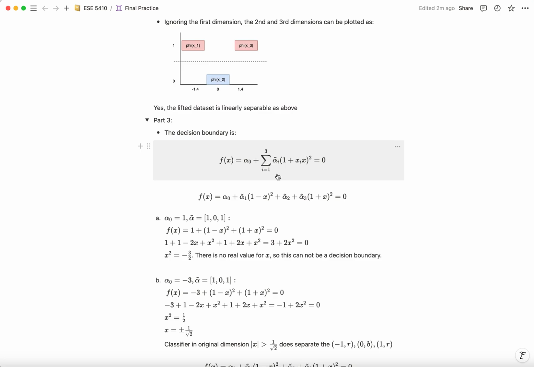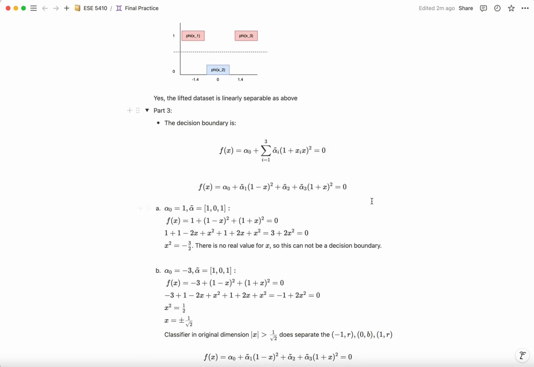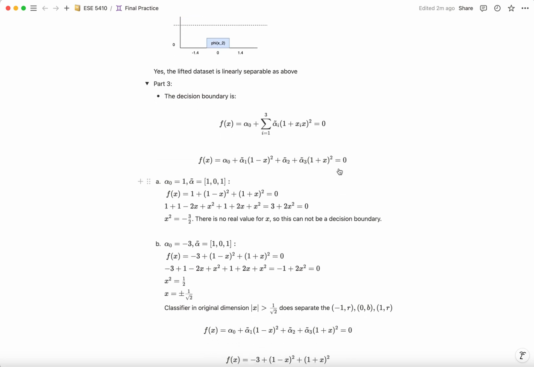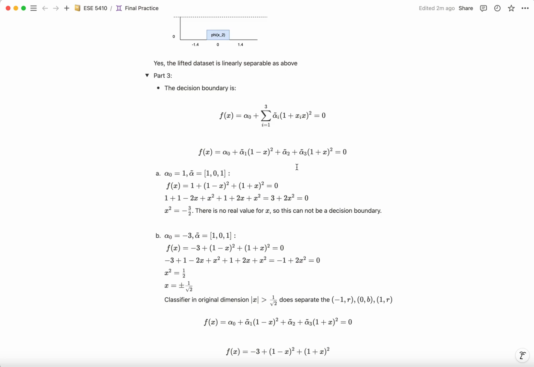When i equals 3, this becomes alpha 3 tilde times 1 plus 1 times x, so it reduces to this term here.